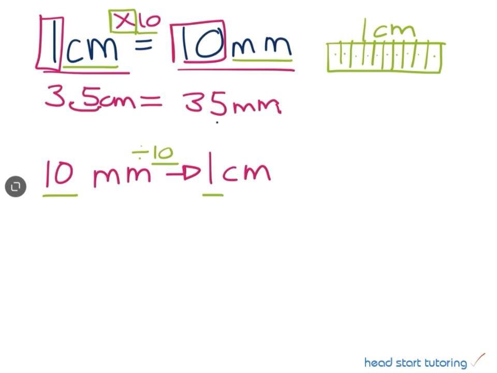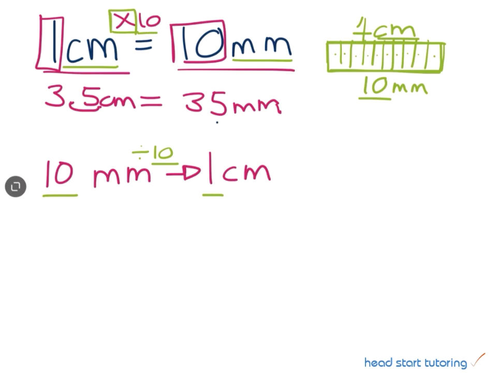So obviously, that space we can call 1 centimeter, and this space we can also call 10 millimeters. So the actual measurement is exactly the same, but if we want to measure it in centimeters, our number will be much smaller. It will be 10 times smaller than if we were to measure it in millimeters. So that's just important to remember.